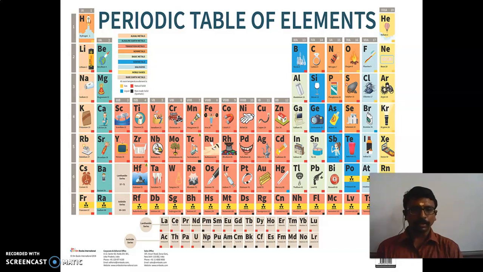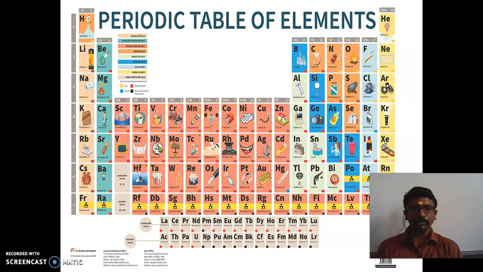So first we remember the first 20 elements, that is hydrogen, helium, lithium, beryllium, boron, carbon, nitrogen, oxygen, fluorine, neon, sodium, magnesium, aluminium, silicon, phosphorus, sulfur, chlorine, argon, potassium, calcium. So these are the first 20 elements.